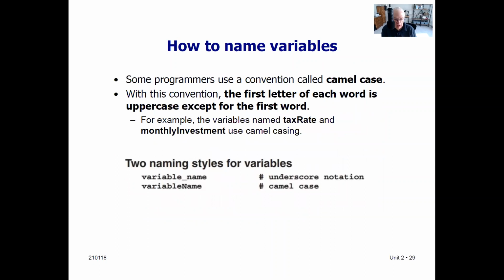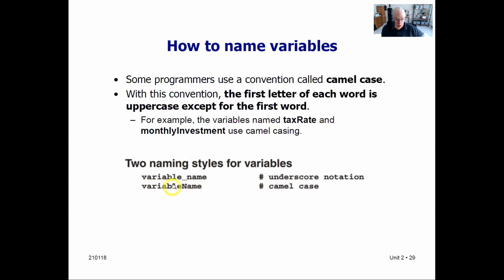I think we pretty well explained the difference between underscore notation and camel case, but for those of you that just dialed in, here's the best example. These are two variable names, both of them work. There's an underscore here separating variable from name in underscore notation. I prefer camel case.